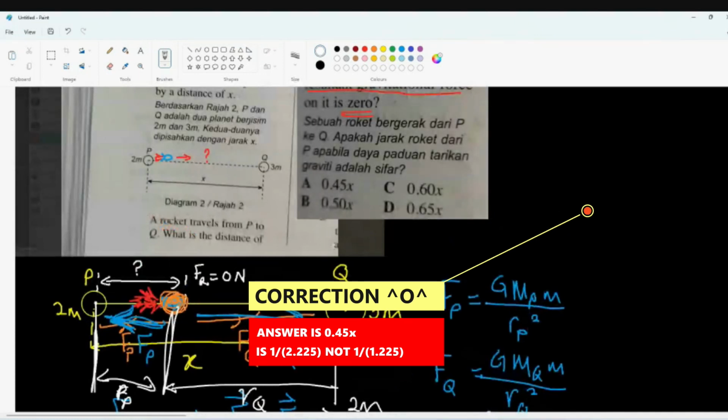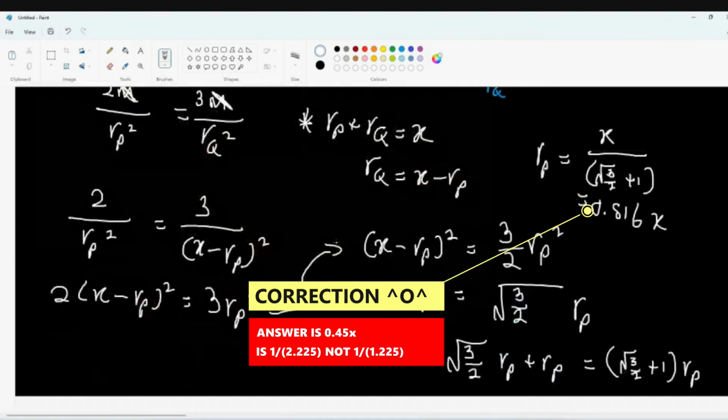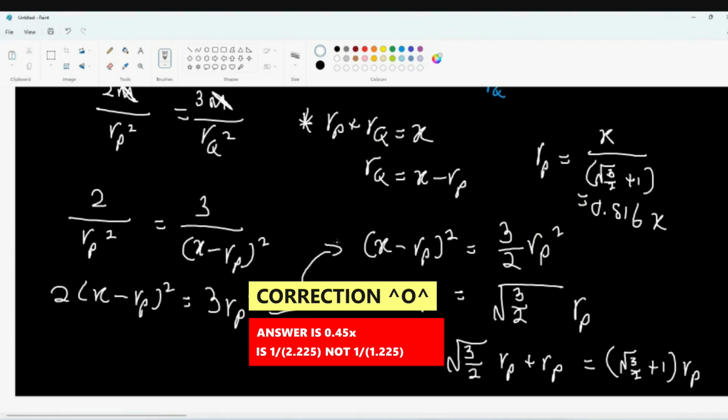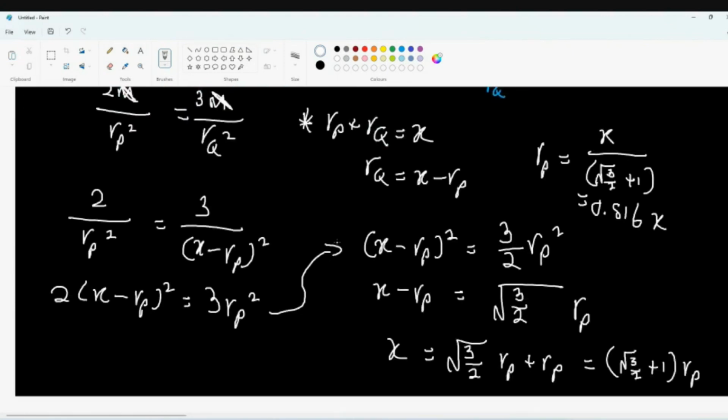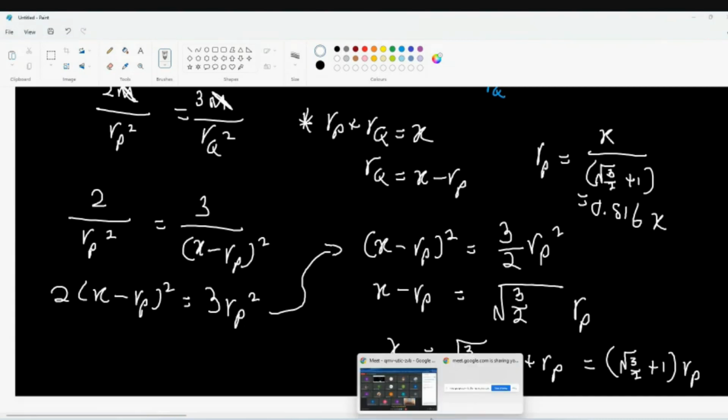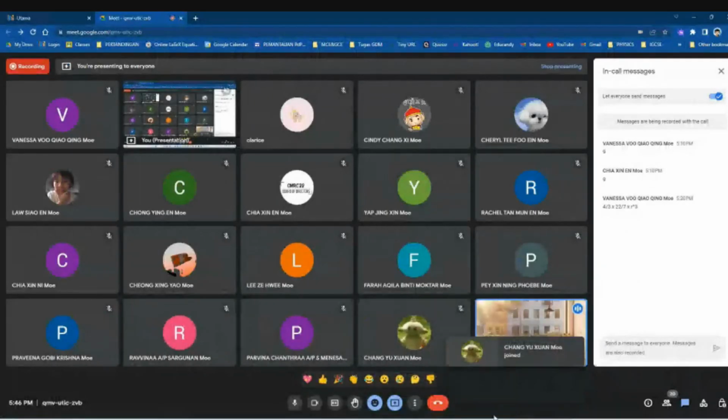Is that the answer given here? 0.816X. There is no such answer. How come there is no answer? Did I do anything wrong here? Did all of you get the same answer?